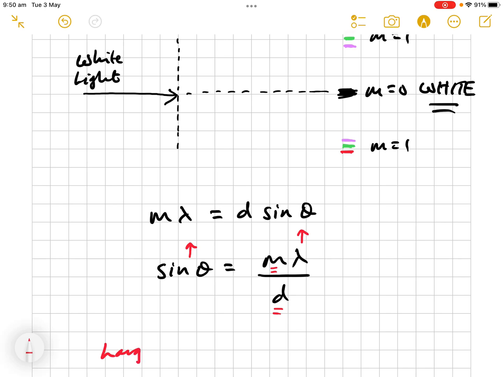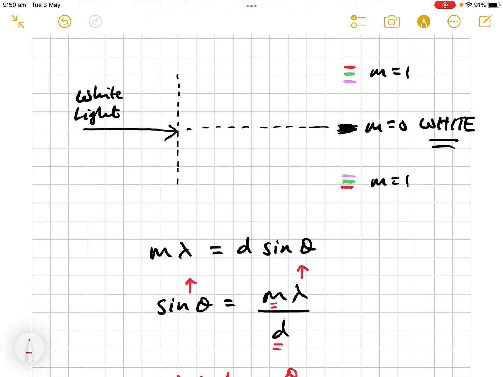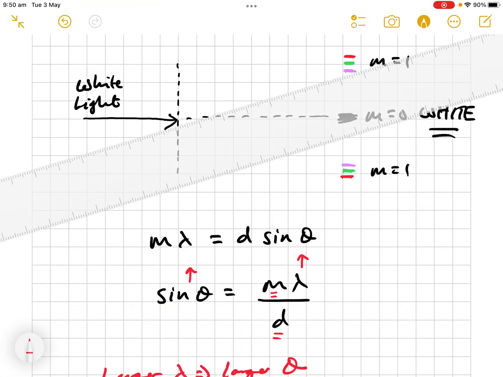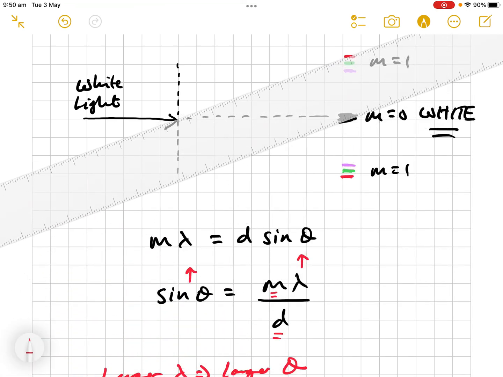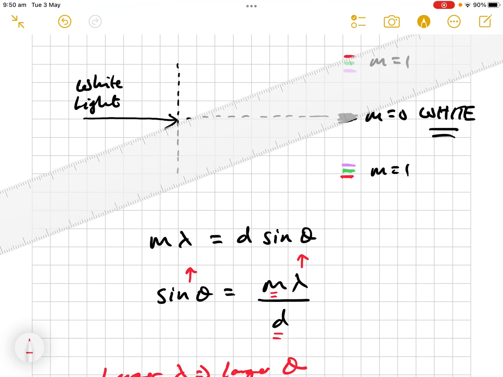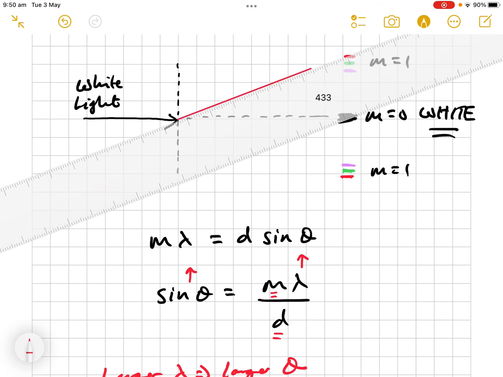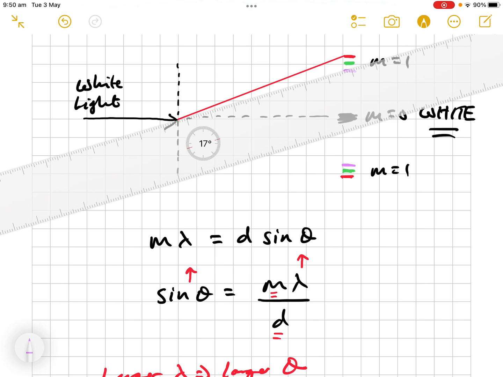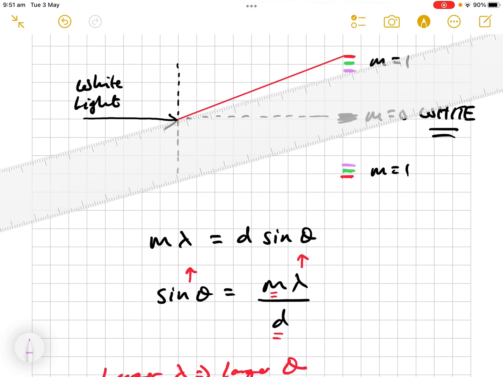So larger wavelength means larger theta. And that's why the red light is diffracted more than the violet light. You can see that if I just sketch the angles. So there would be the angle of deviation for red, and here would be the angle of deviation for violet, slightly less.